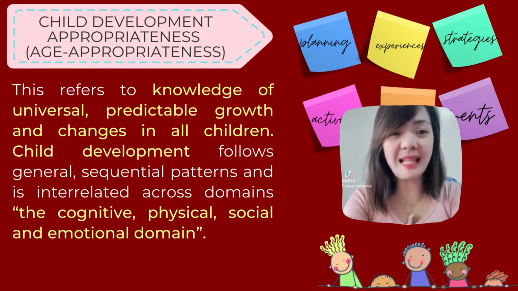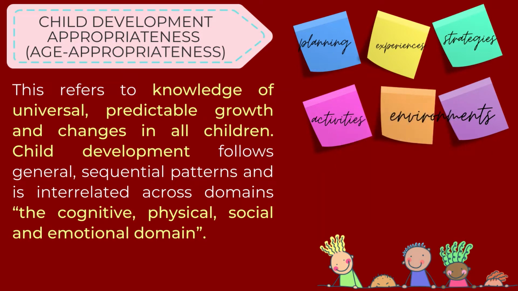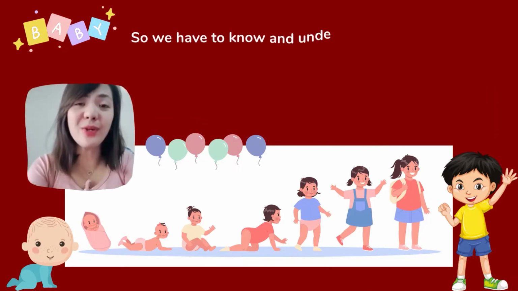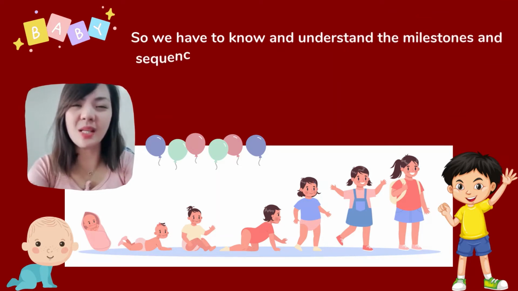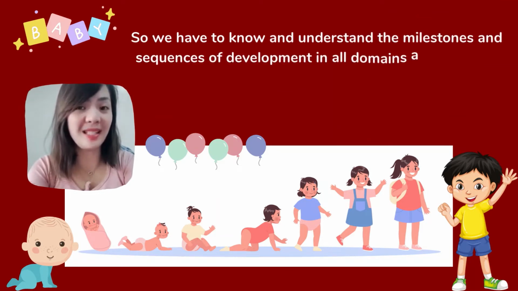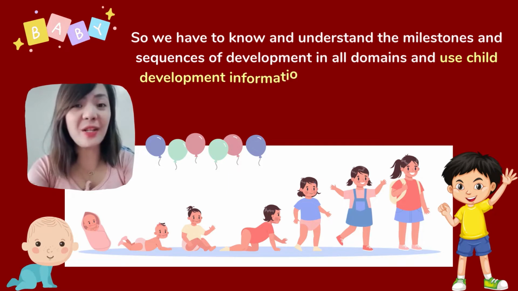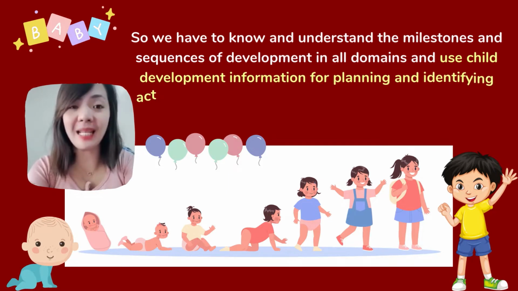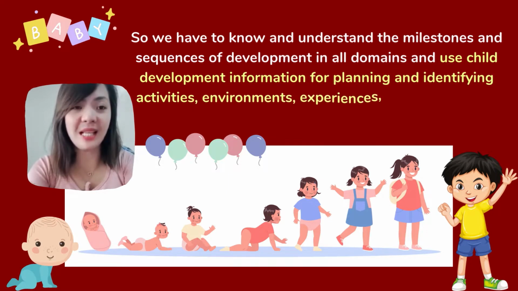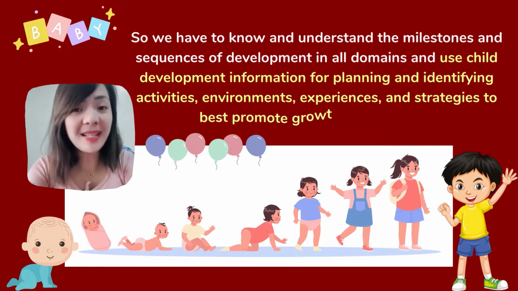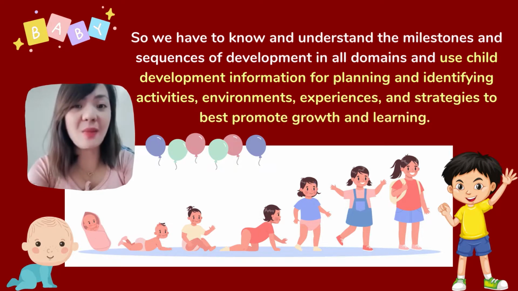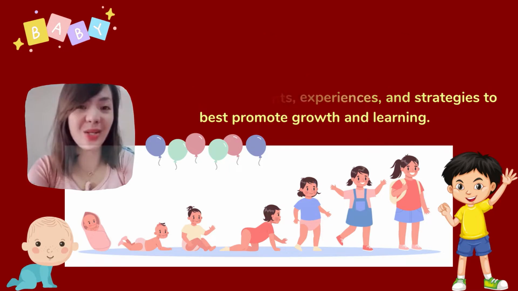One example is that all children go through predictable changes in their motor skills, and during middle childhood, children strive to achieve independence. So we have to know and understand the milestones and sequences of development in all domains, and use child development information for planning and identifying activities, environments, experiences, and strategies to best promote growth and learning.